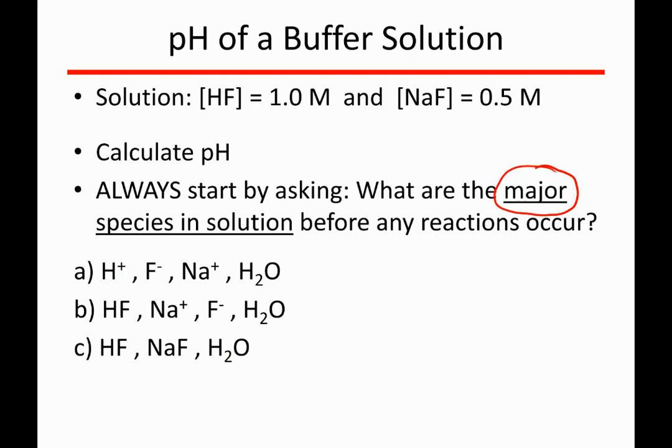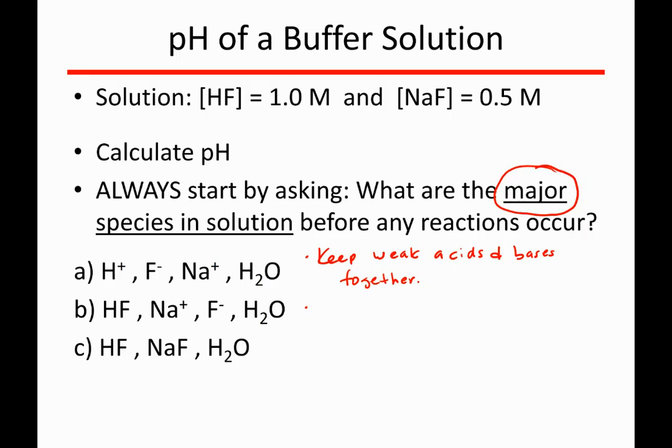So I would not consider H plus and F minus to be major species in this solution. There's a very small amount of that present. 99% of the HF remains in the form of HF, and so that would be considered a major species in solution. So key point on this is keep weak acids and bases together. So that gives us HF as a major species.